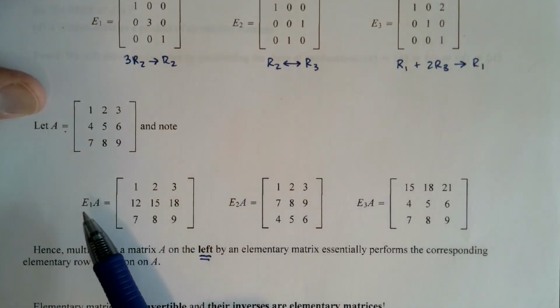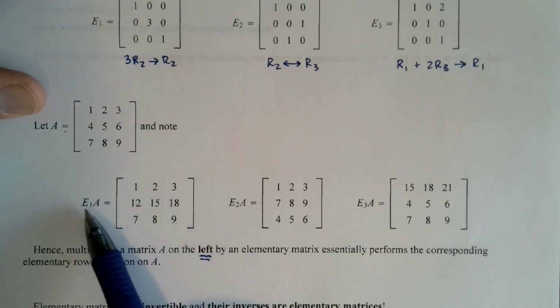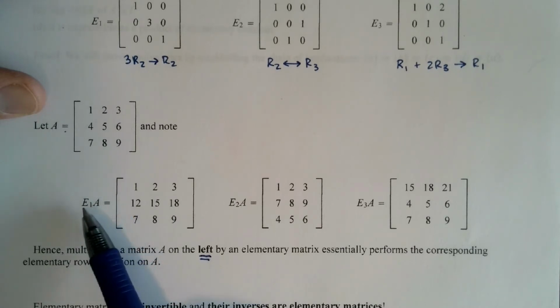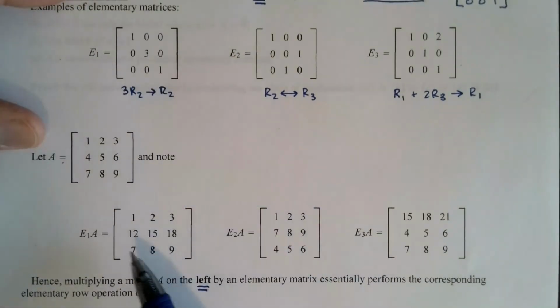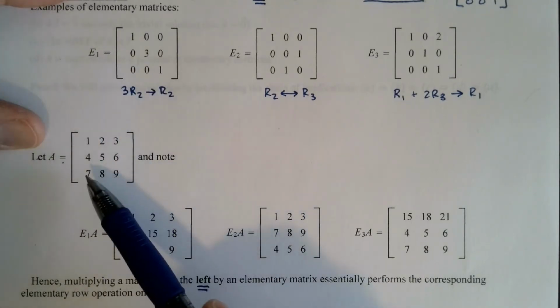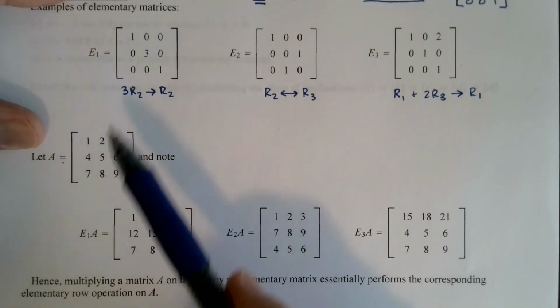But why don't we want to program the computer to do this matrix multiplication? Well, think about just this example here. How many operations does the computer have to perform to compute E1 times A? Remember how we do E1 times A. Each entry is obtained by taking a row and dotting it with a column. So I have to do 1 times 1, 0 times 4, 0 times 7.